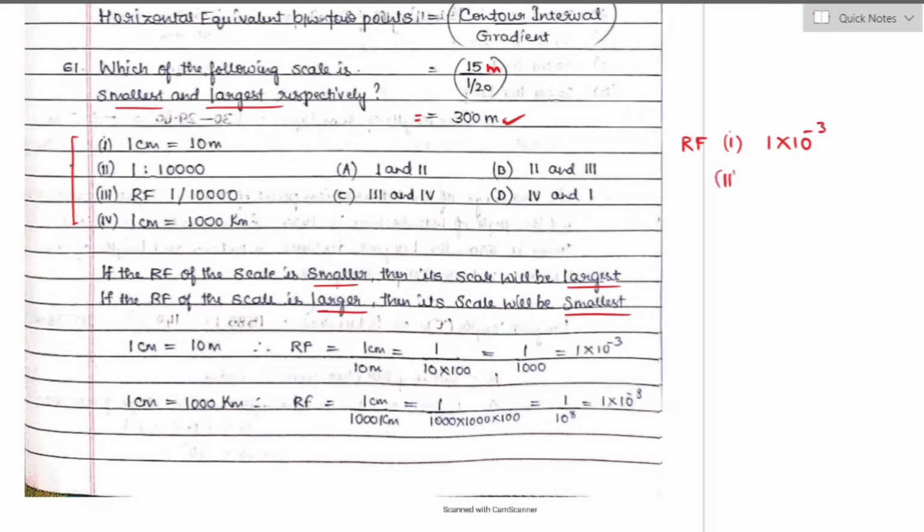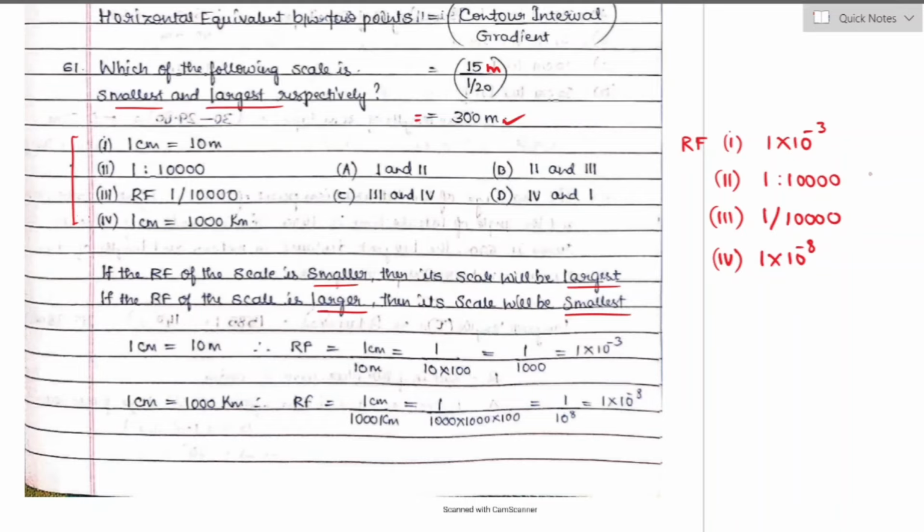For option 2, it is 1:10,000, and the representative fraction for option 3 is 1 by 10,000, and the representative fraction for option 4 is 1 into 10 to the power of minus 8.